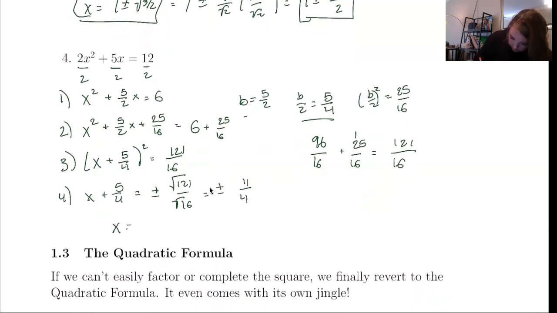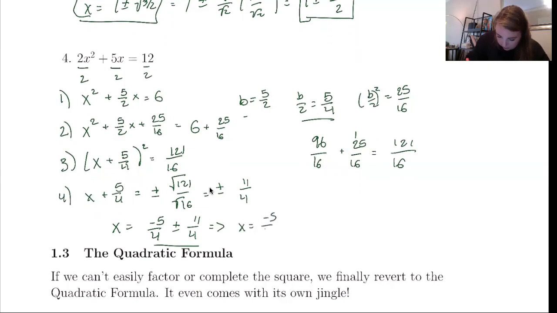So x equals negative 5/4 plus or minus 11/4. I think it would be fair to assume that I can simplify that answer a lot, right? So either x equals negative 5 divided by 4 plus 11 over 4, which is 11 minus 5 is 6/4, which is 3/2.